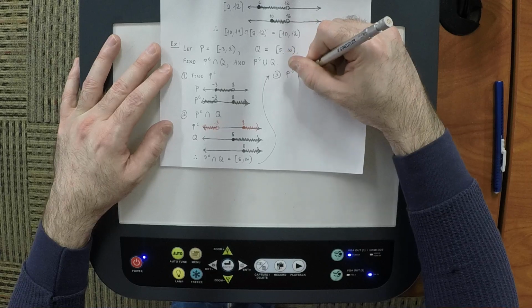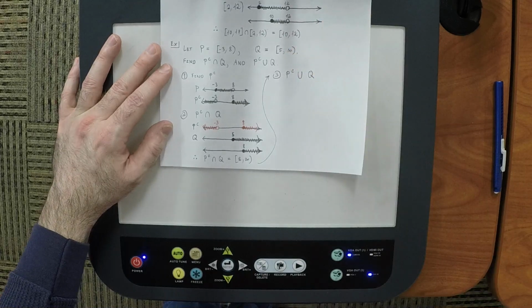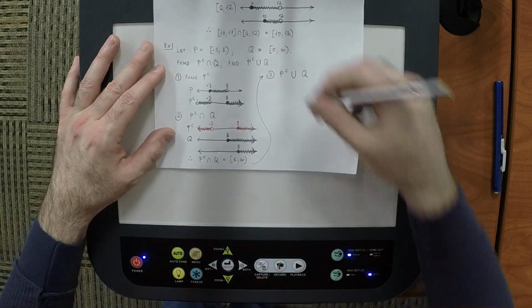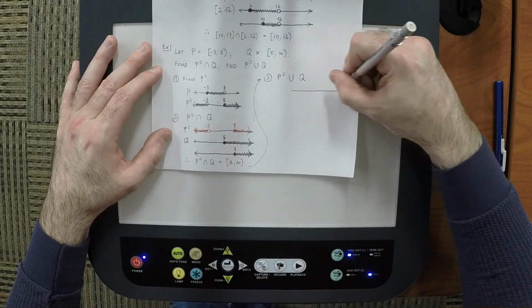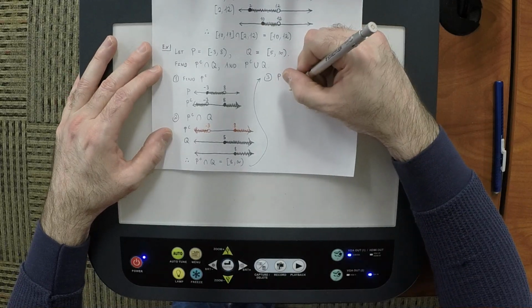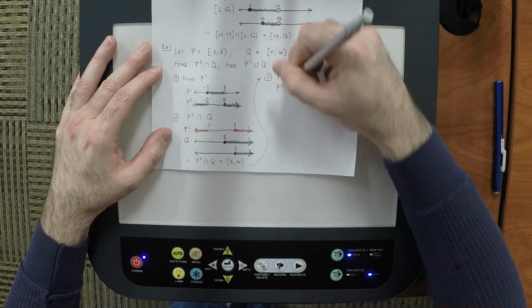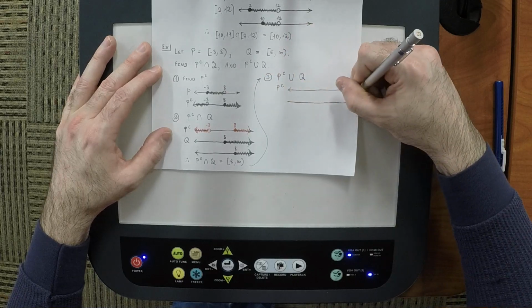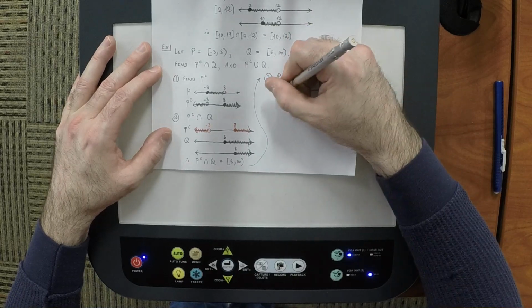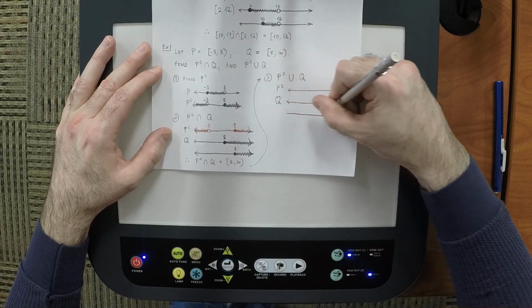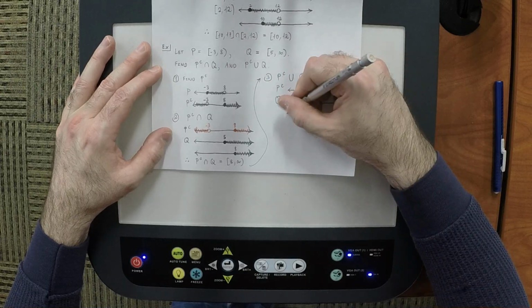And then, to find the union, P complement union Q. So again, P complement, Q, and the result.